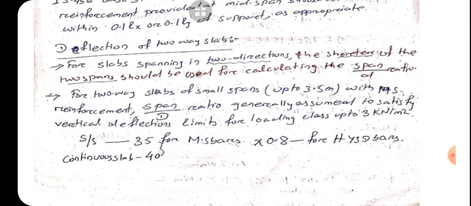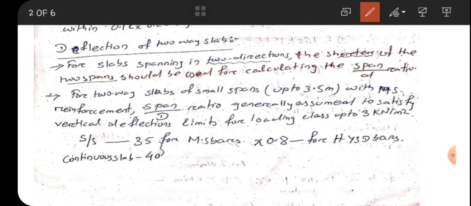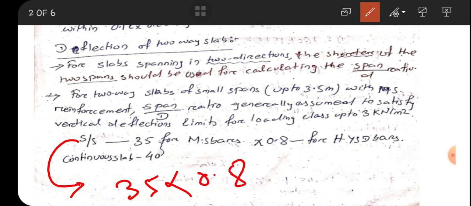These are for mild steel bars, and for HYSD bars this value will be reduced by 20%, that is for simple supported slab 35 into 0.8 equal to 28, and for continuous slab 40 into 0.8, that is 32.